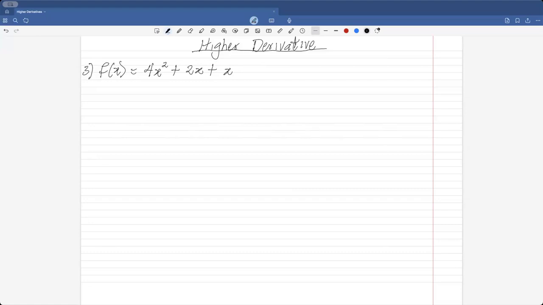Let's say we are told to find f prime prime prime prime x.